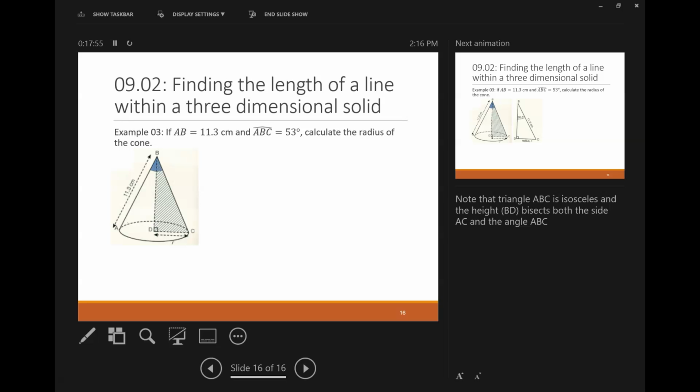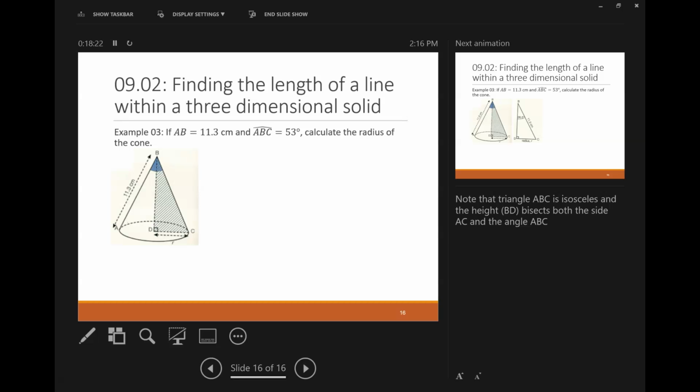What angle can we get inside of that calculation triangle? DBC is half of 53. That's correct. Why? Because it's bisected. How do you know that that's an angle bisector, that segment BD?